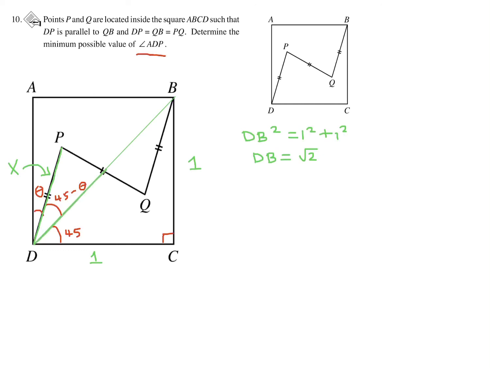You see I drew that diagonal from D to B. It's going to cut PQ in half, and the point where it cuts it, I'm going to call R. Therefore PR is X over 2, because R cuts PQ in half. PQ is the same as PD, or DP, same thing. So if R cuts PQ in half and PQ is equal to X, PR will be X over 2.